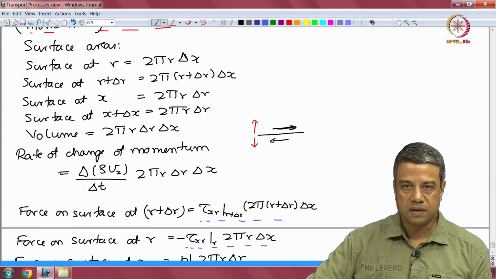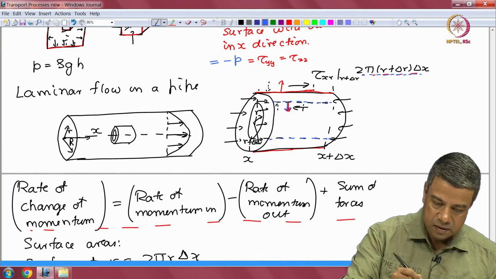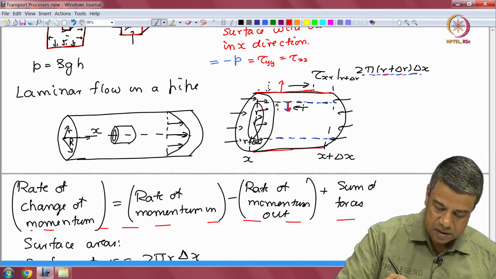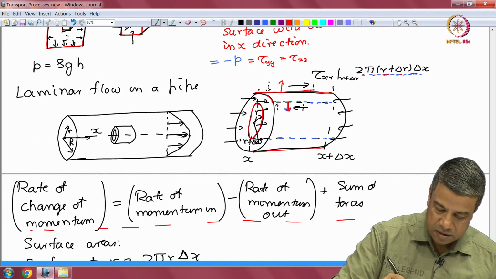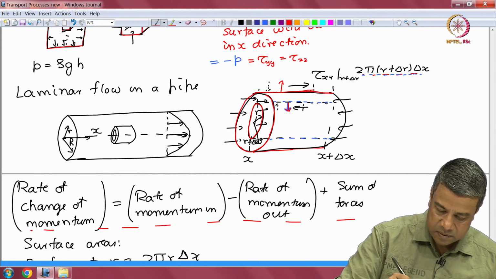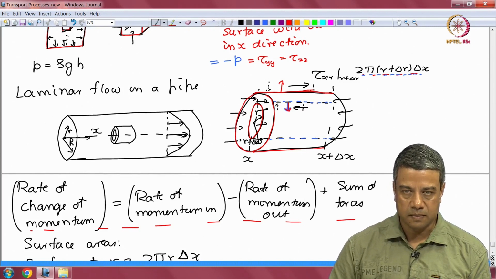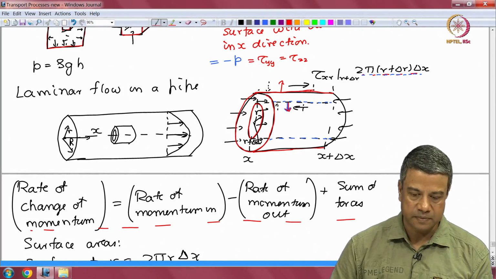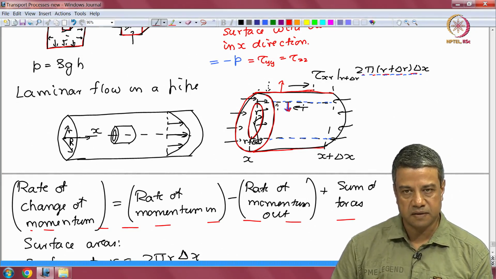There are also forces on the flat annular surfaces. For the surface at the location x, between these two circles, the pressure acts along the inward unit normal. So, in this particular case, the pressure is in the plus x direction, and the force is pressure at the location x times the surface area.